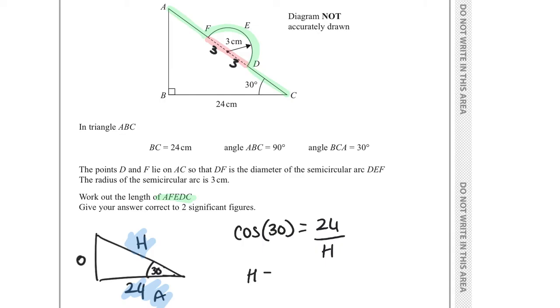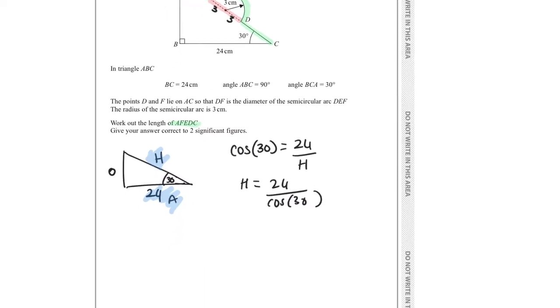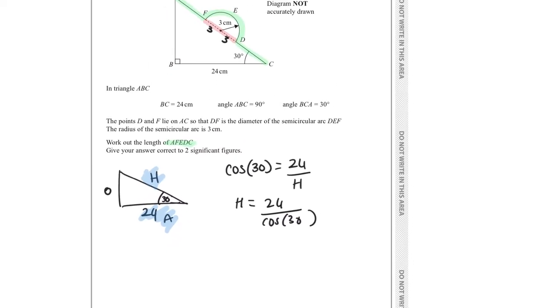So that means the hypotenuse equals 24 over cos 30. Okay? 24 divided by cos 30 is 16 root 3. So this means this whole length is 16 root 3. And I'm going to leave it like that on my calculator, might as well.